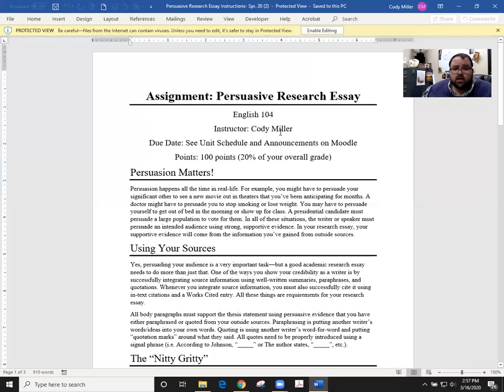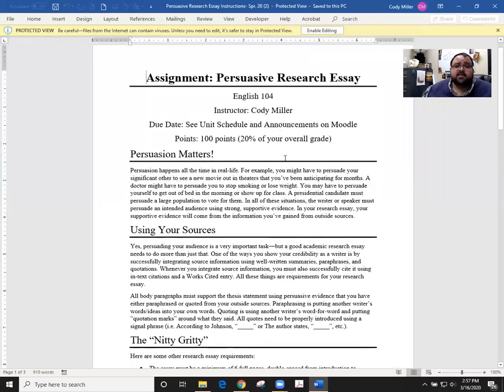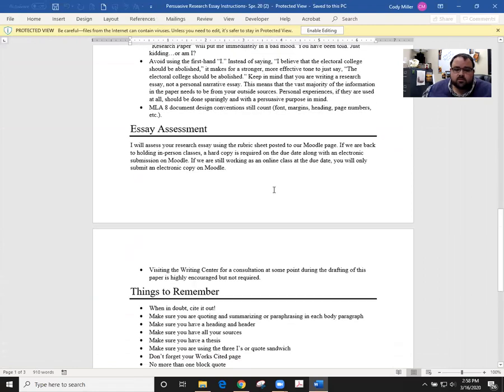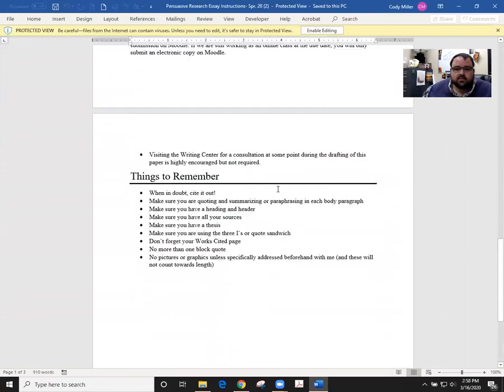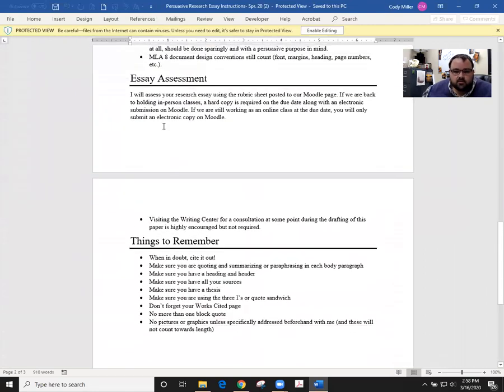So overall, a couple things that I want you to remember for this is that it is 20% of your overall grade. This kind of acts as our final for the course. If you look at the very bottom of the assignment sheet right here, it does say that if we are back in person, meaning meeting face to face at the end of the semester, then you'll hand in both a hard copy as well as an electronic copy to me on Moodle.